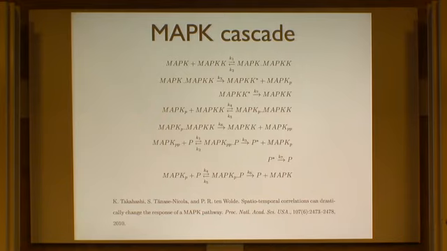in 2010. In this paper, they're showing basically that the microscopic method gives different results from mixed models, and also the RDME mixed rates. What happens in this model is that the MAPK is phosphorylated in two steps.